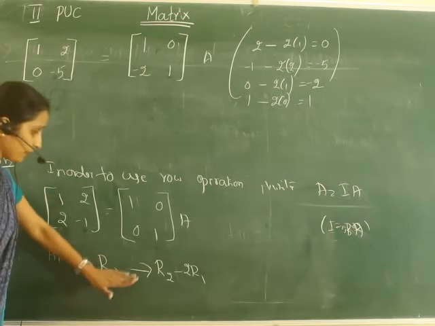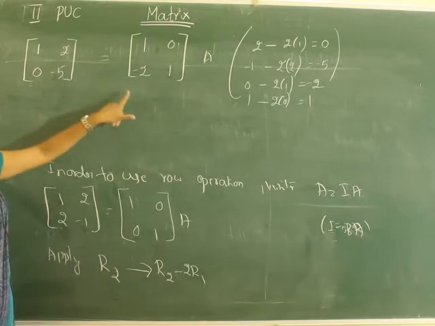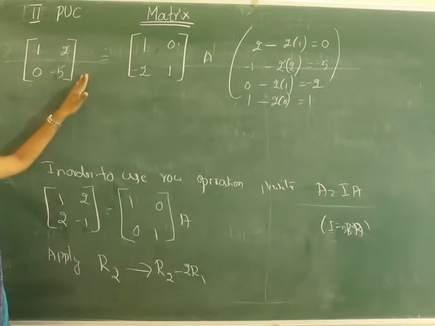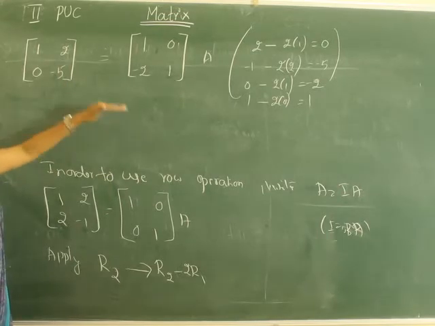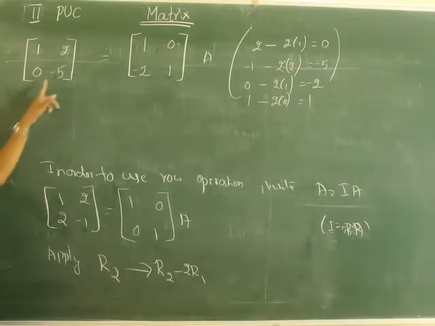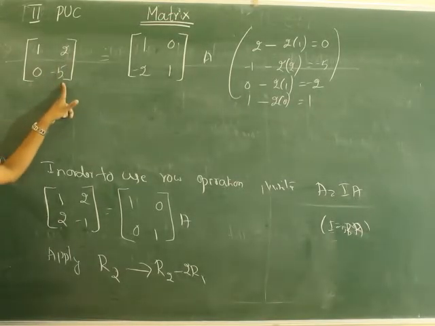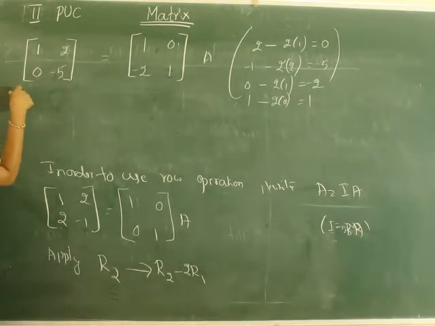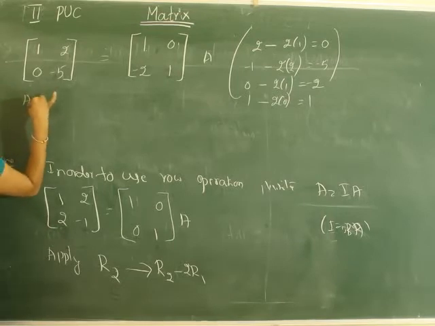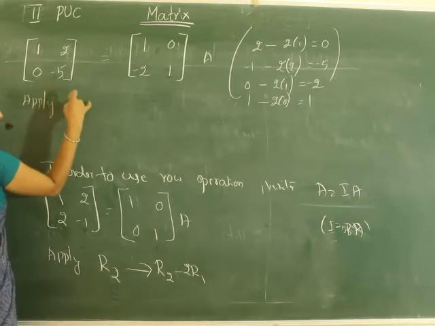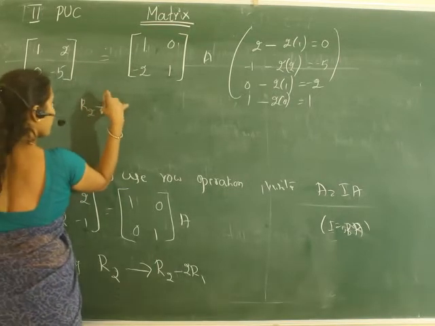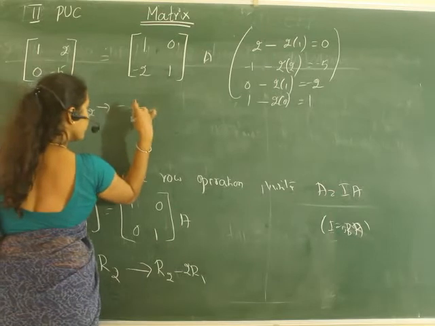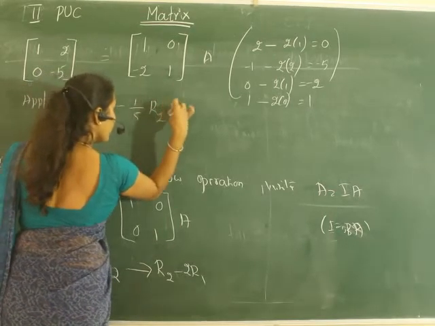Now this operation is done and we got this. Now we have to apply the row operations to this equation. Now I have to get this as 1, so I apply R2 changes to minus 1 by 5 R2.